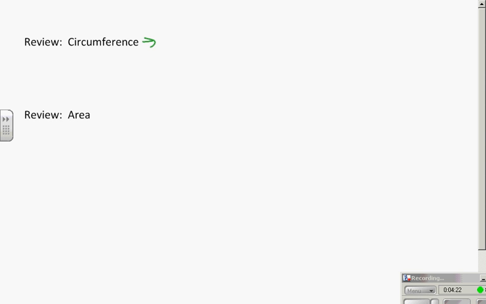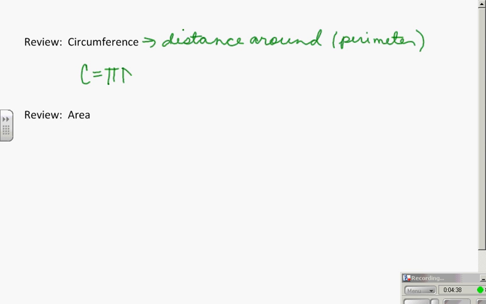So those are some key terms. A couple of review terms we have to make sure we talk about. Remember, circumference is our distance around a circle, or it's our perimeter. We just give it a different name with circles. And we find perimeter for a circle or circumference as pi times d, where d is the diameter, or circumference is pi 2r, because we know that 2 times the radius is our diameter.